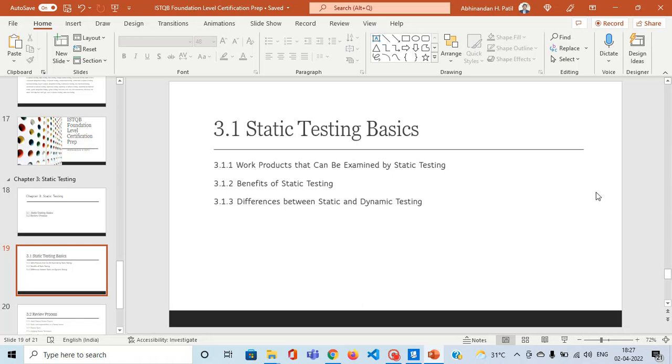And then other benefits include low detection cost, because it's like a shift left, you find it early. So detection of bugs or defects is lower in cost. Fixing cost is also lower. Why?